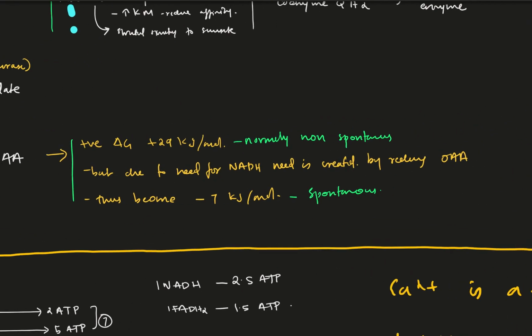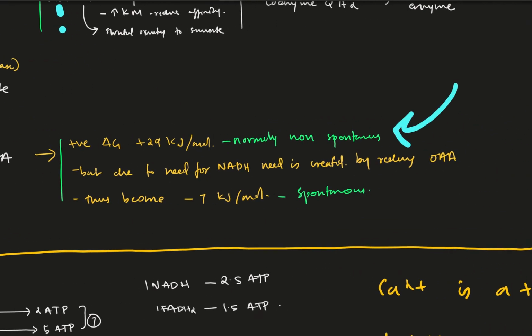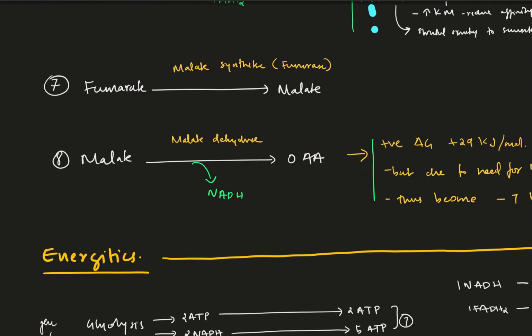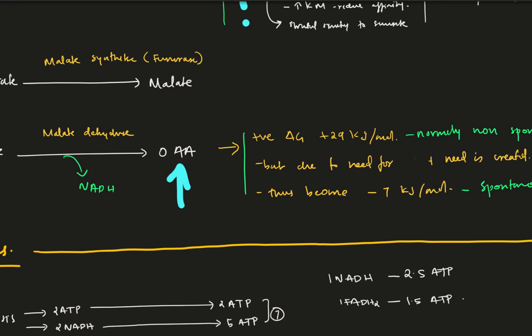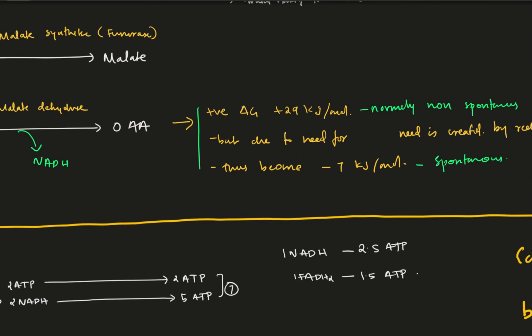One thing is that this reaction is normally non-spontaneous, that is, the delta G is positive. But due to the need created by reducing oxaloacetate, oxaloacetate is utilized that much, and the inhibition is lost. Thus, due to the pull, the delta G becomes -7.